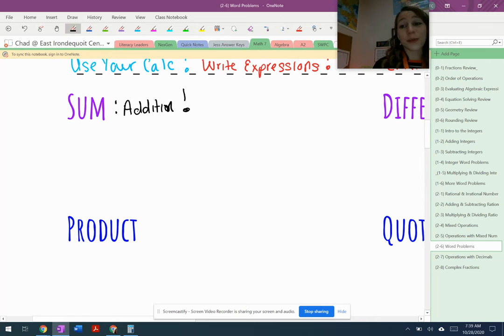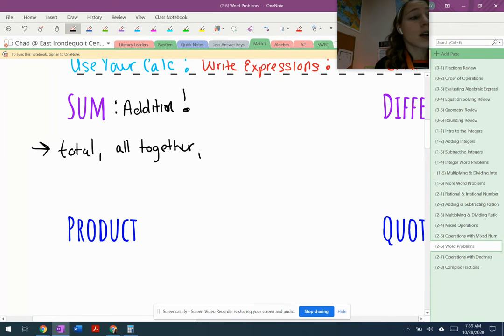So words that you might see in a word problem that mean addition could be things like when they ask you to find a total, when they say stuff like all together, how many do they have in all? We talked about it with mixed numbers when I pronounce a mixed number as 2 and 4/5, that and piece is telling us to add.